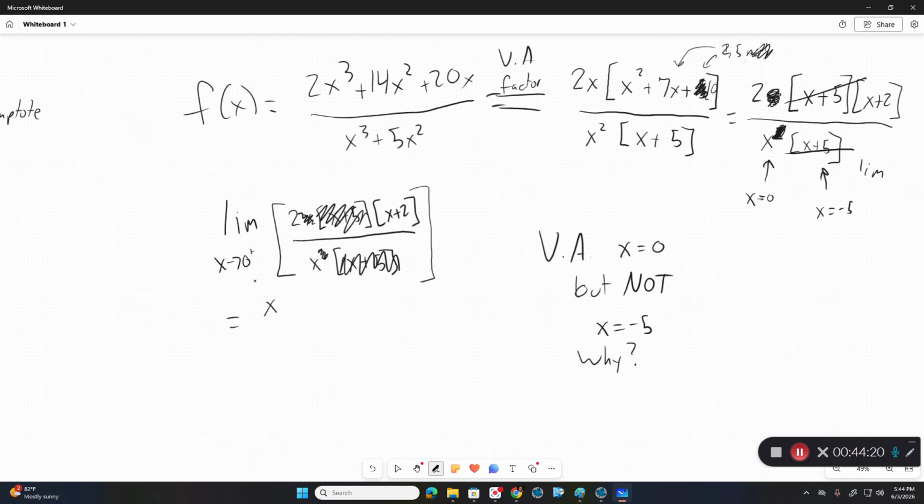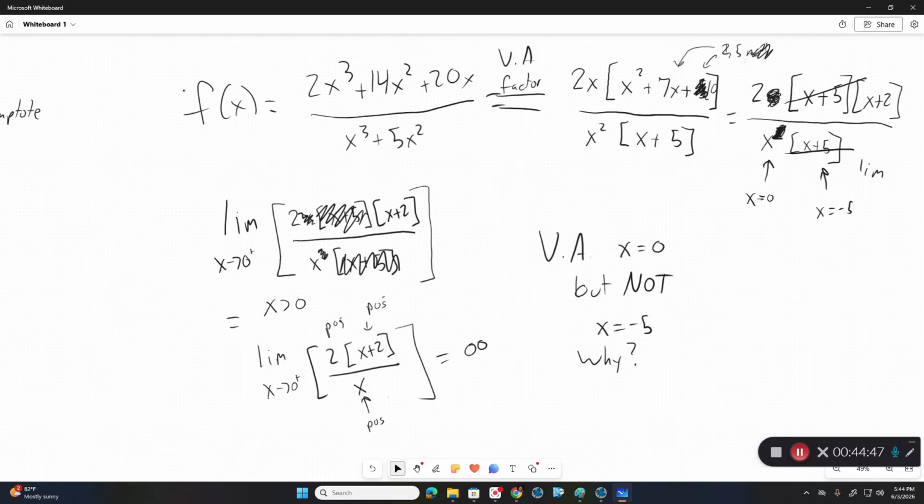And so as x approaches 0 from the right, x is bigger than 0. This is going to be the limit as x approaches 0 of a positive times x plus 2. Well, x is bigger than 0, so this is also going to be positive. Divided by x, which is also going to be positive. And the end result is a positive number times a positive number times a positive number. We're going to get positive infinity as it approaches from the right.